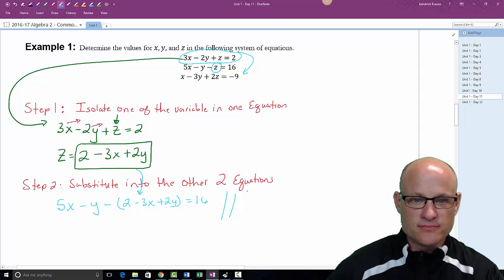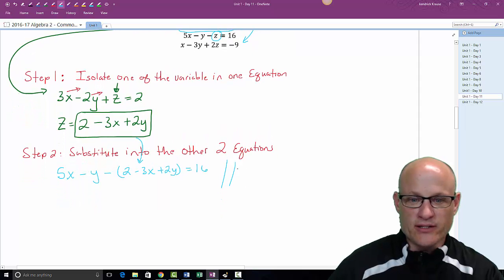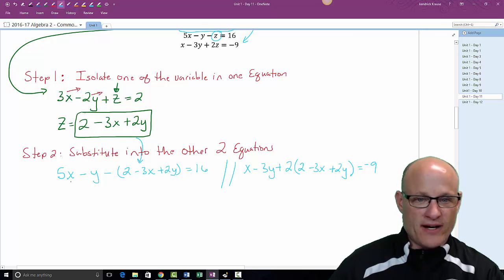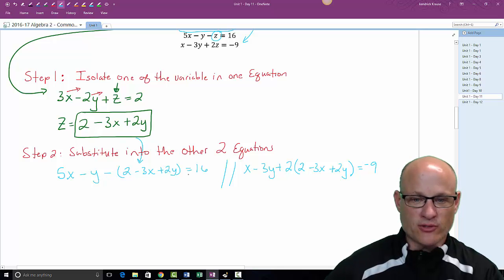And the other one is x minus 3y plus 2 times 2 minus 3x plus 2y equals negative 9. Make sure I got that. So x minus 3y plus 2 times z. 5x minus y minus z equals 16.